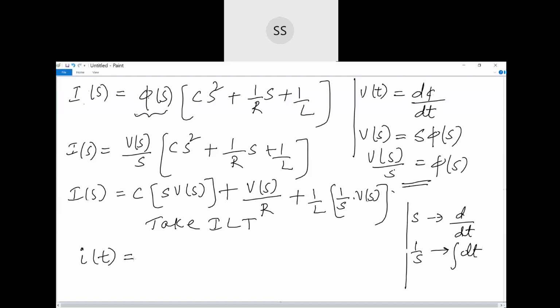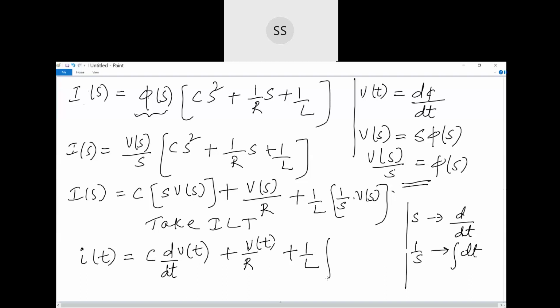So I of t is equal to c into, for s we substitute d by dt, V of s will now be written as v of t, because it is the inverse transform, plus 1 by r into, for v of s it is simply v of t, plus 1 by l.